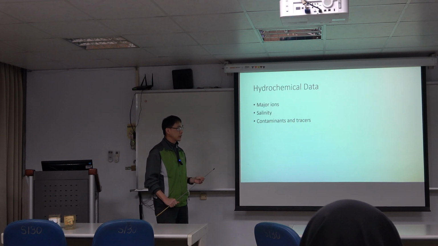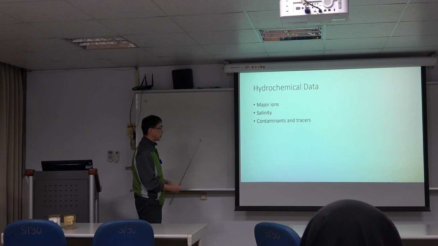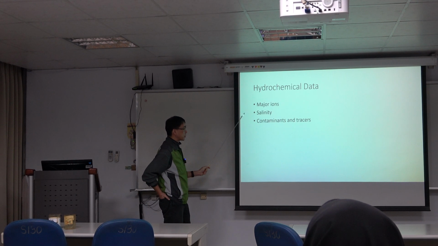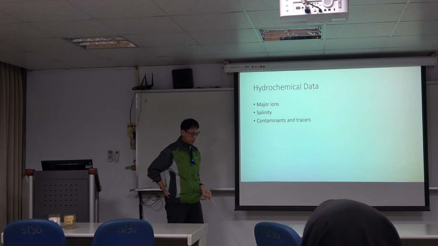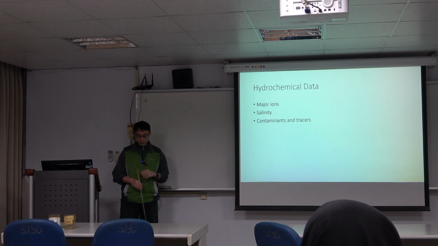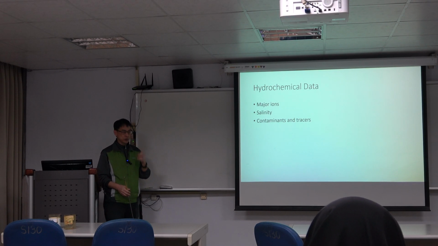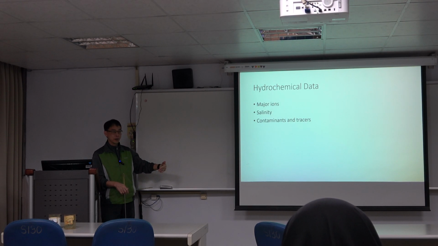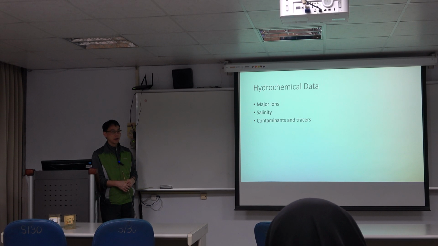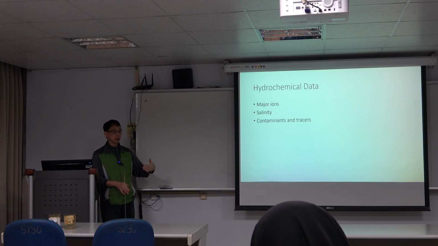And hydrochemical data can be separated into three components. The major ions can be used to understand the condition of the water. Like one of them is the water source. Are they based on the rainfall recharge, or on the paleo groundwater system, or from what kind of component, like they connect to the river or connect to the pond.